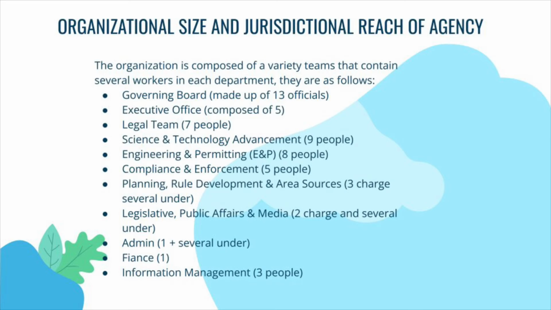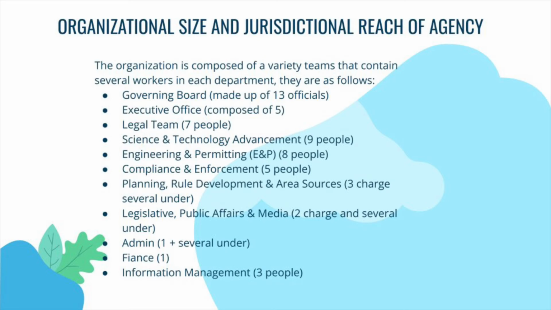Next is the engineering and permitting. This just helps them with whatever kind of projects they want to take on. They have the correct permits and the correct teamwork to be able to work together. That's composed of 8 different people.